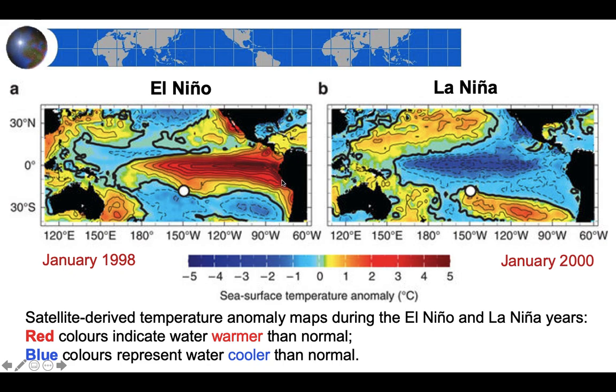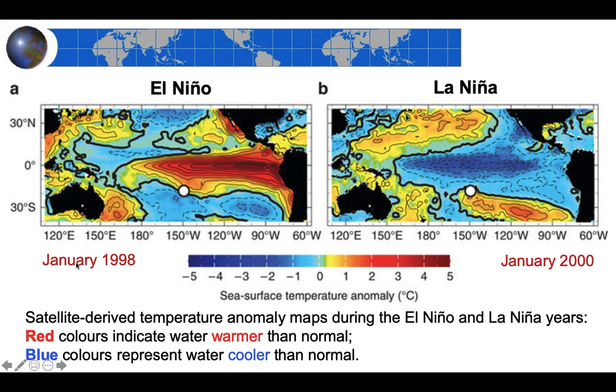So in a typical El Nino year, you see this very strongly developed warm ocean water, surface water, occupying much of the central Pacific Ocean along the equatorial zone. There is a big tongue of warm water extending all the way to the other side of the Pacific Ocean, bringing extremely warm temperatures up against the South American continent.